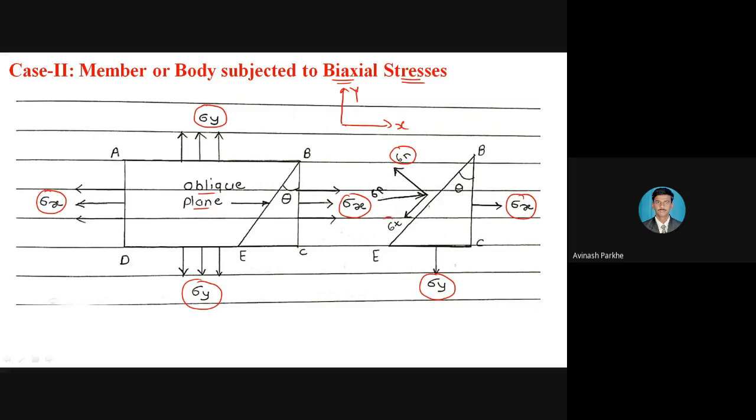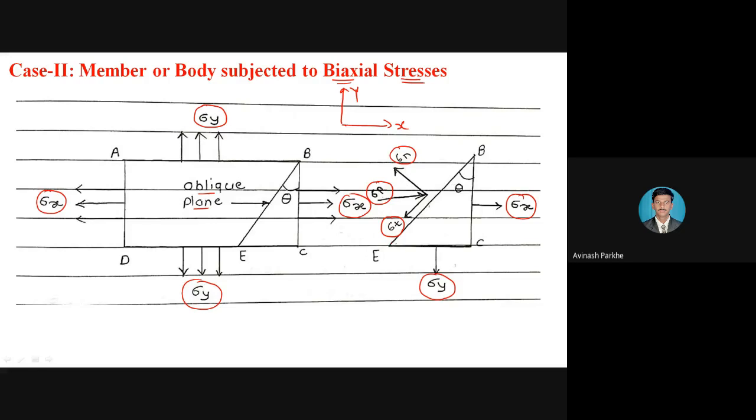Again sigma t is there, which is parallel, and in between sigma n and sigma t, one more stress is there, which is called sigma r, that is the resultant stress. The resultant of normal stress and tangential stress is called the resultant stress. Therefore, sigma r is always present in between the normal stress and the tangential stress.